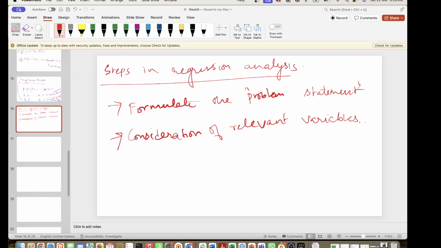Going further, we are going to test if these relevant variables are statistically relevant or not.